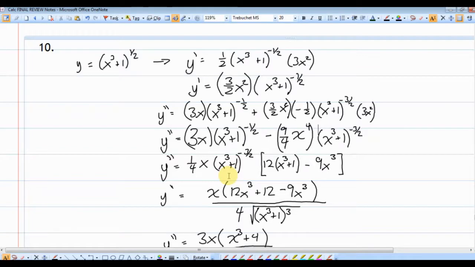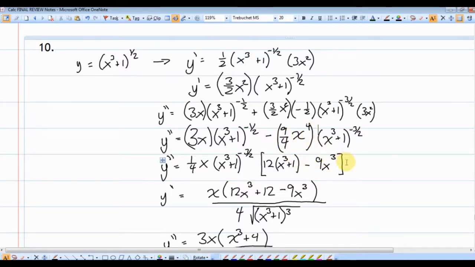Okay, so we got 3x divided by 1/4, that's a 12. The x, of course, gets factored out, and if I factor out a negative 3/2 power, the negative 1/2 becomes the first power. If I factor out a 1/4, then 9/4 becomes a 9.